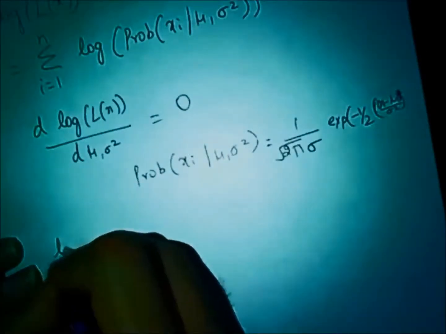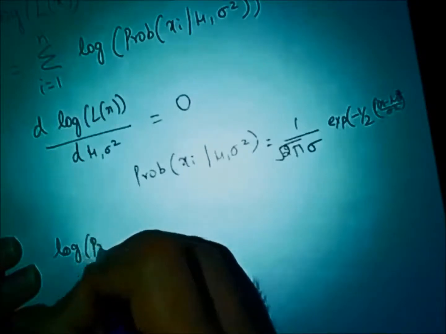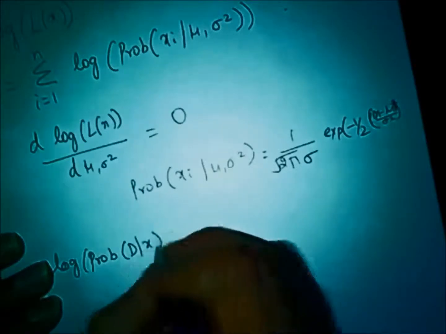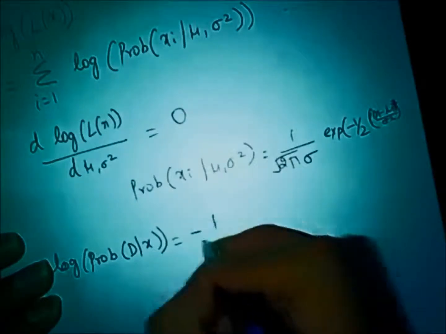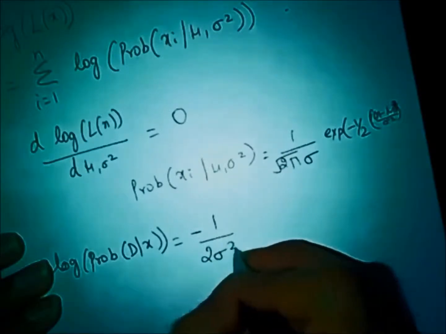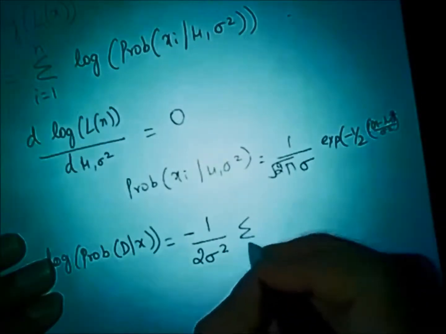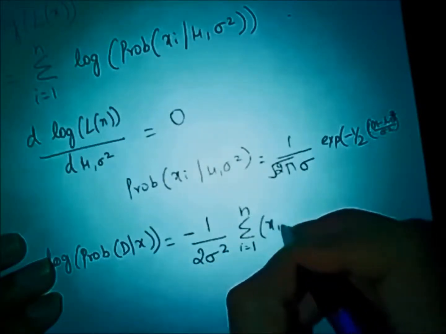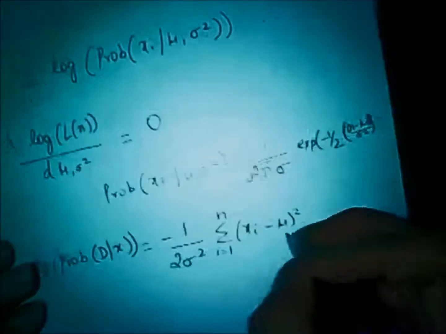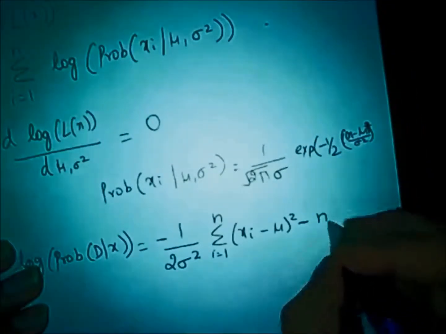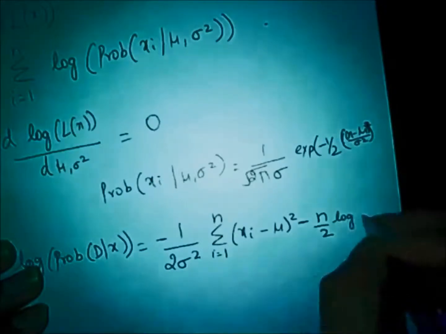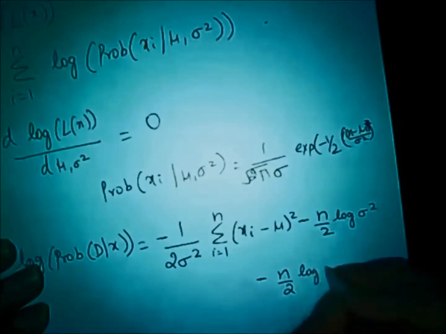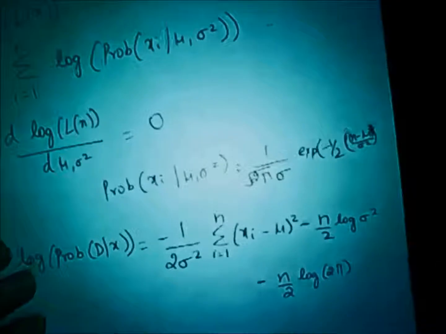It is going to be the sum of xi minus mu the whole squared, minus n over 2 log sigma squared, minus n over 2 log of 2 pi.